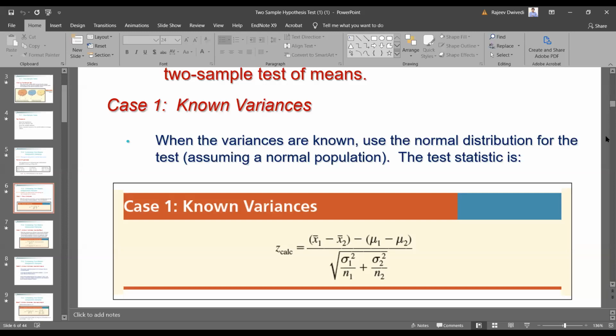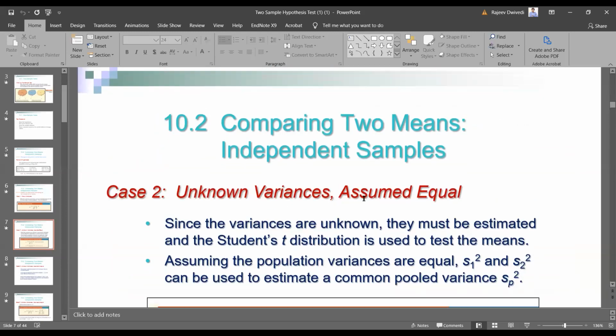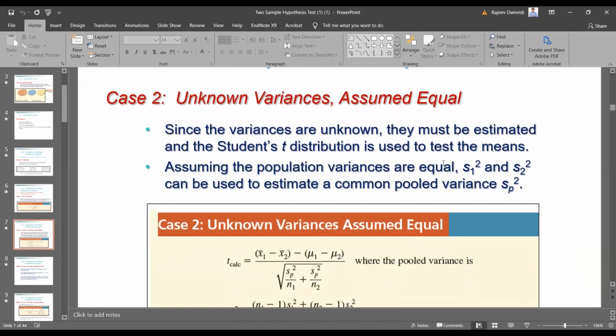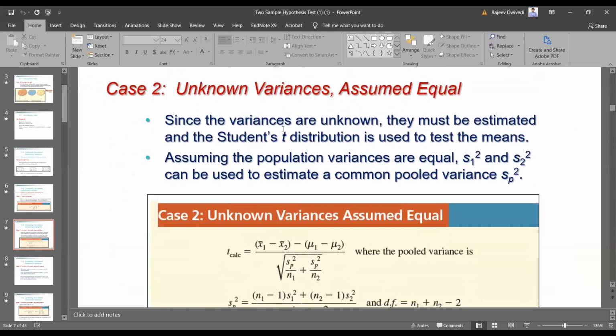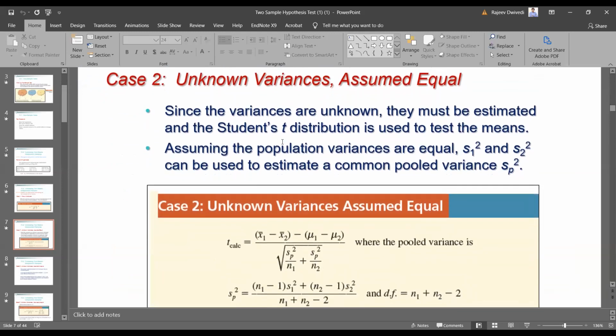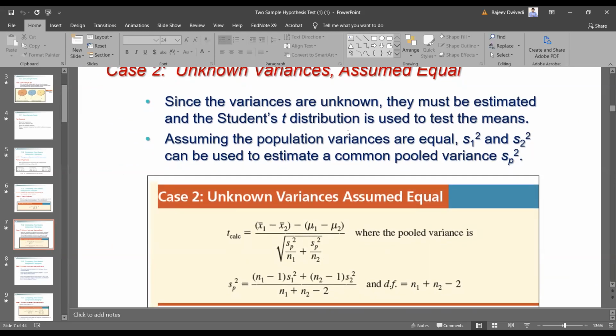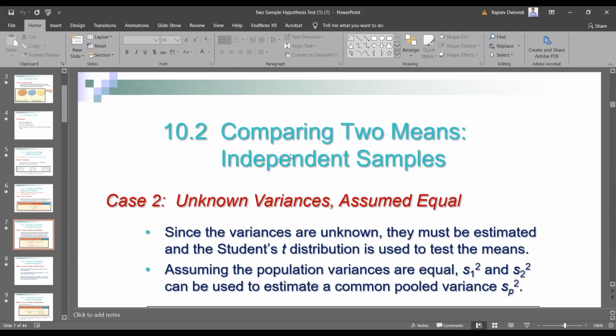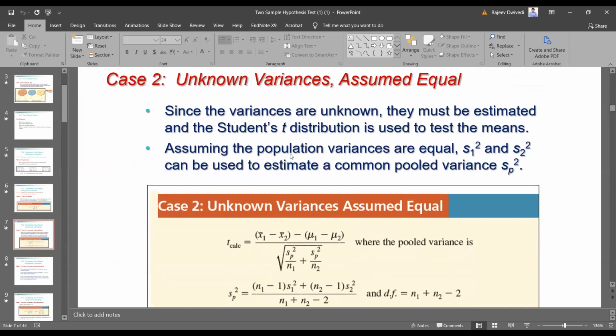And if you have unknown variance, assume equal, then you are going to use the T distribution, assuming the population variances are equal and can be used to estimate a common pooled variance. This is just like the one sample test we are going to use.